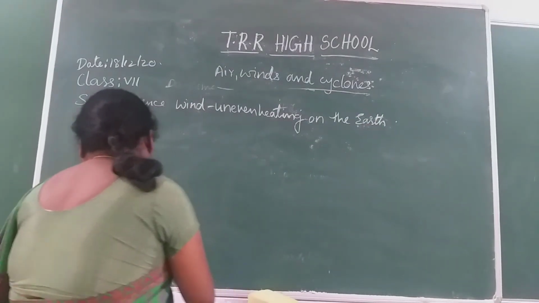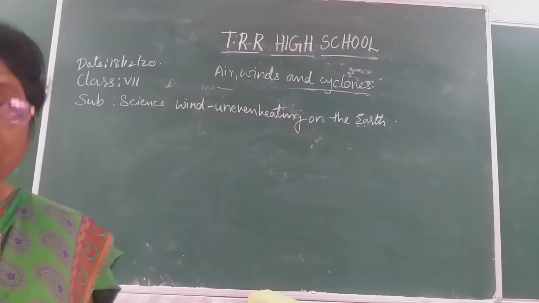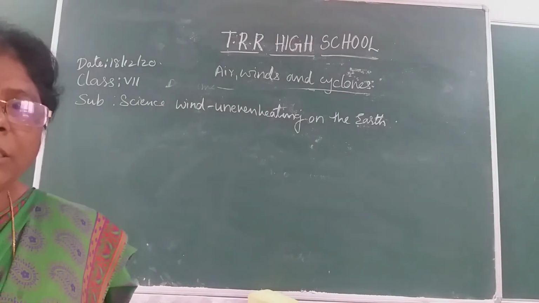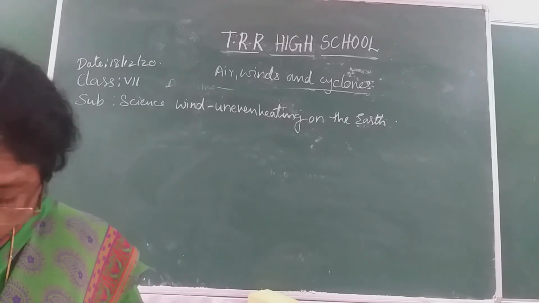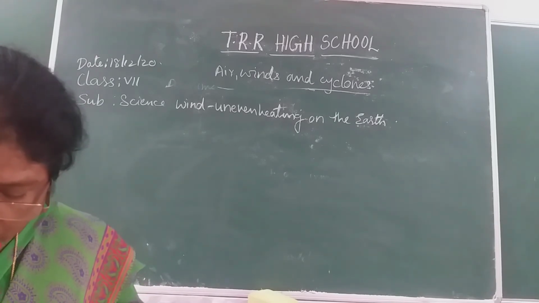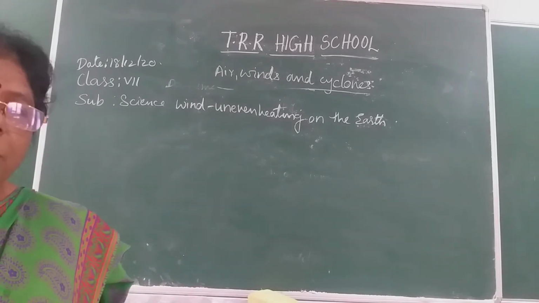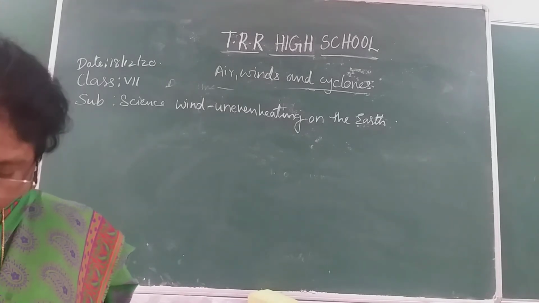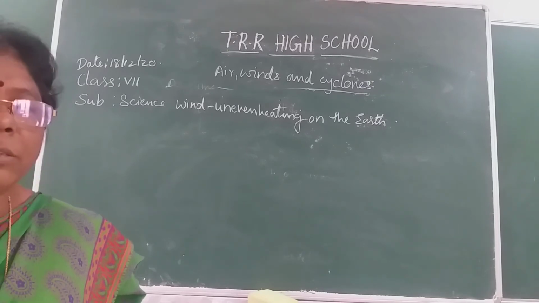Uneven heating on the earth. So here, we have already discussed the winds in areas near water bodies, including seas and oceans, isn't it? Okay, so what about the wind on the other parts of the earth?